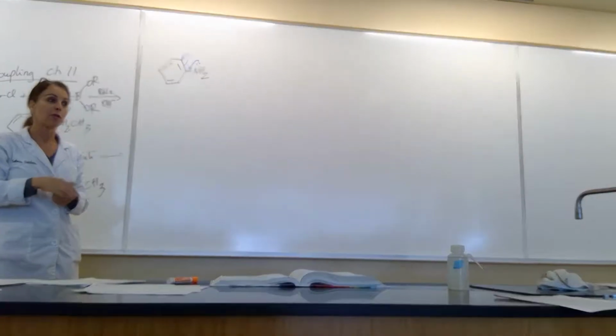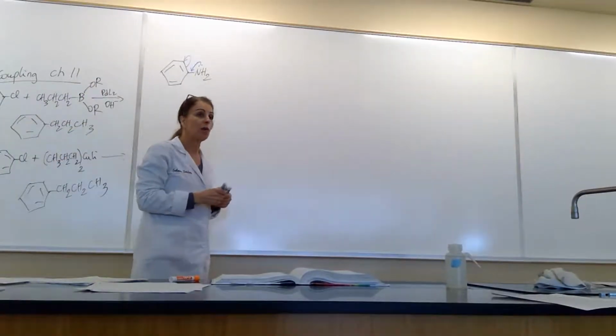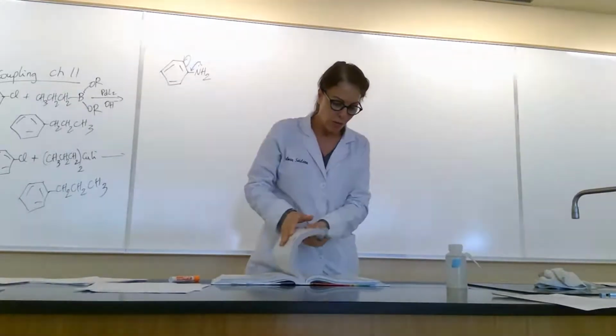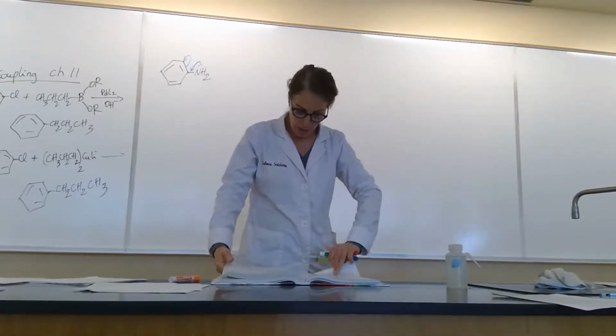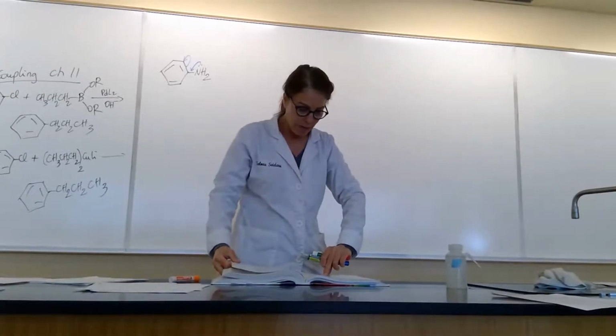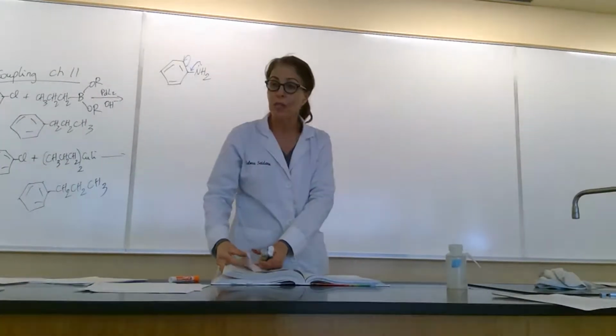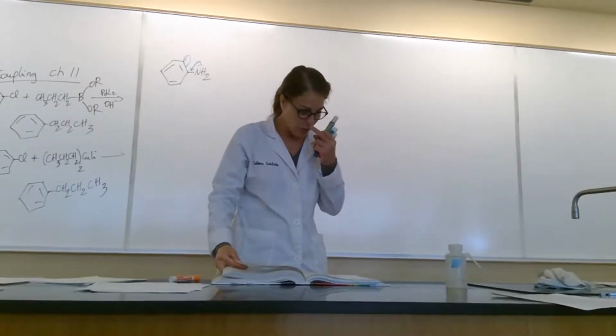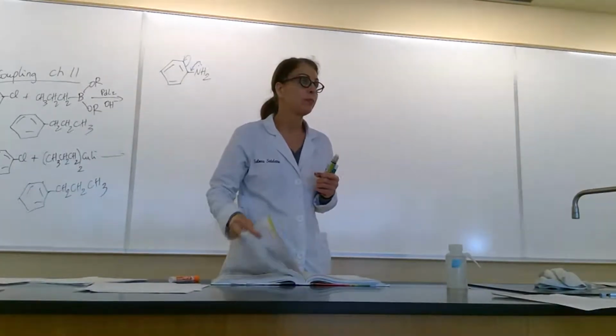Okay, so my first resonance form. And if you don't know how to write resonance forms, by the way, you need to go to the tutorial, which is on page, please write it down, 382.